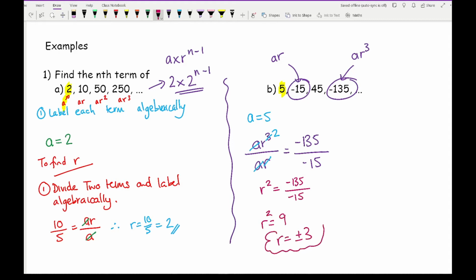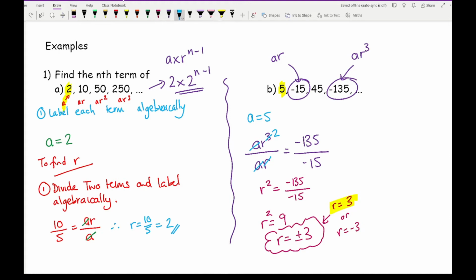Now the problem with this is I've got two potential values of r. So r could either be positive 3 or r could equal minus 3. Now the only time it'll equal positive 3 is if you're trebling the numbers, that's if all the numbers are going to be positive.